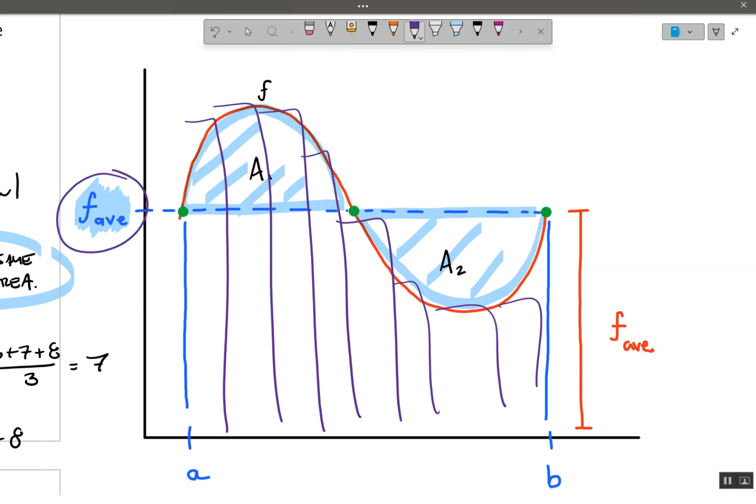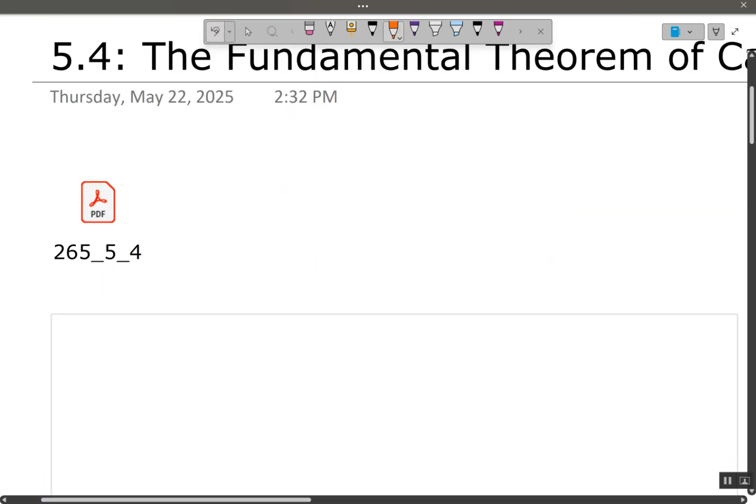That makes a lot of sense because the way that we've chosen f average to be this middle point, the area above this midline is going to be about the same as the area below.